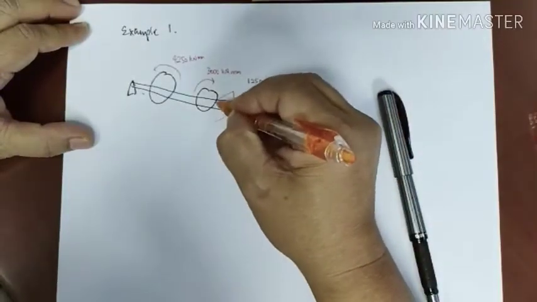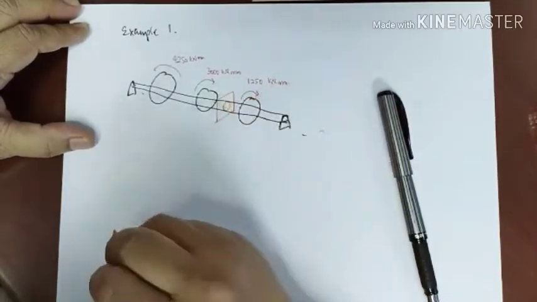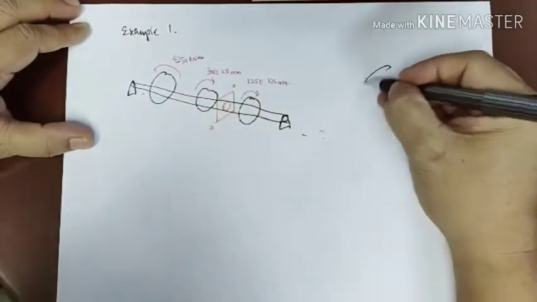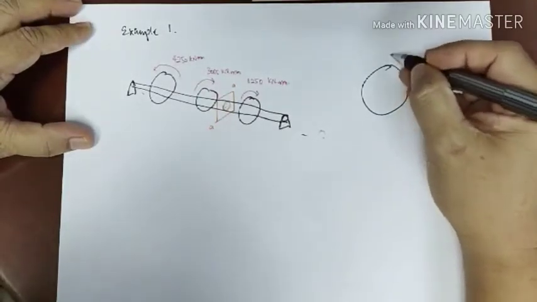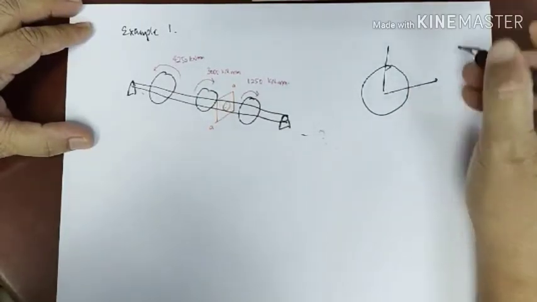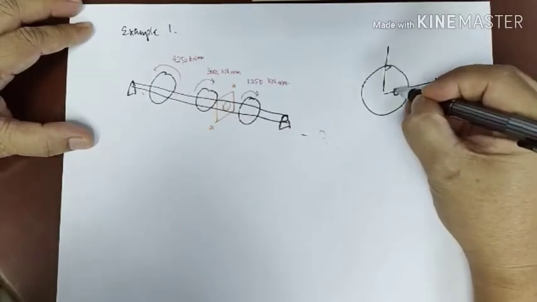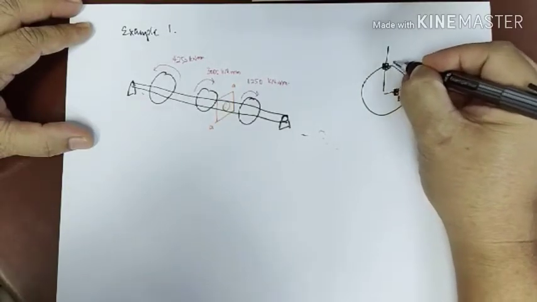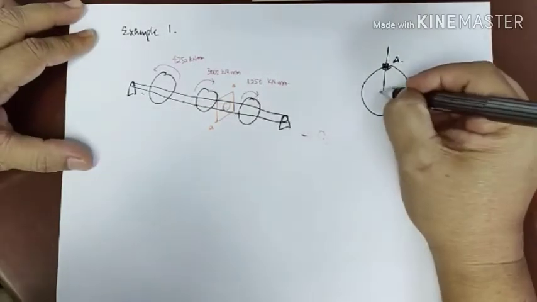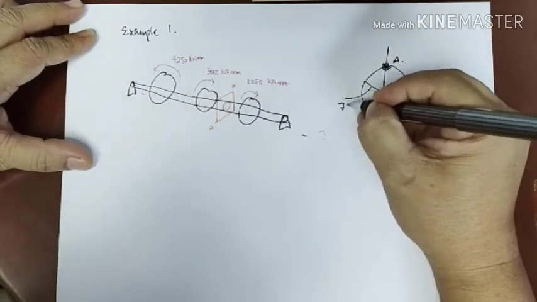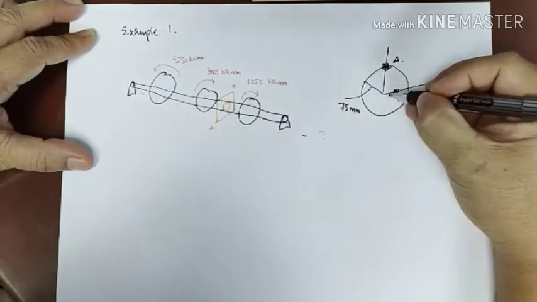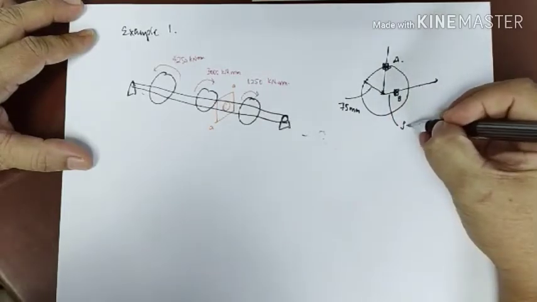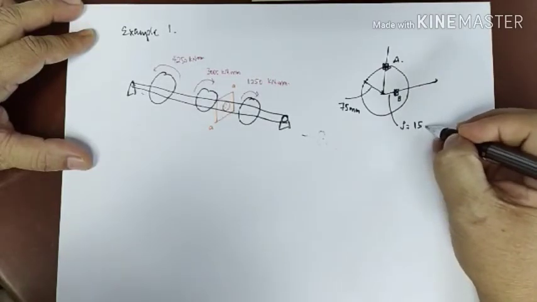The question asks you about the cross section of AA, demonstrated by this. This is B, this is A. The rho is 75 mm, the C is 75, and the rho is 15.